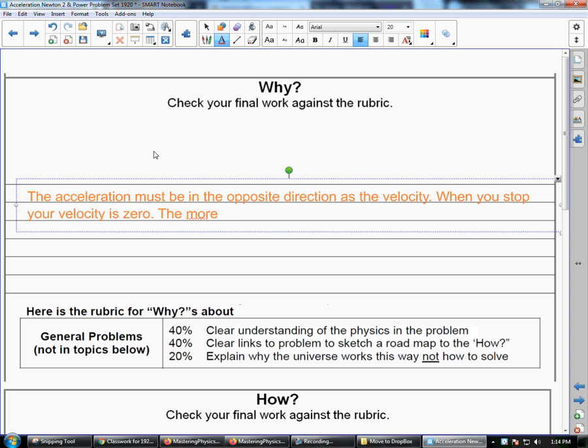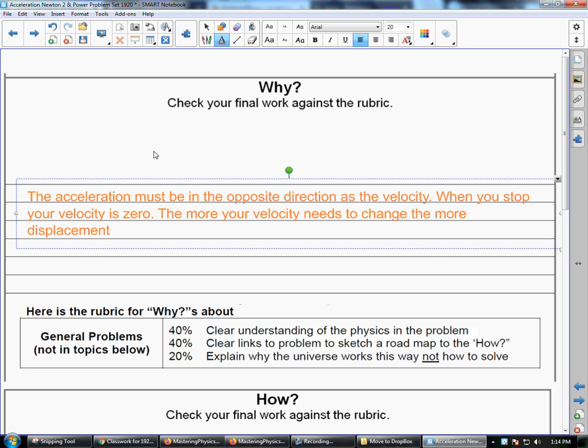The more your velocity needs to change, the longer, the more displacement it will take. Make sense? Where I'm going with this? My thoughts?